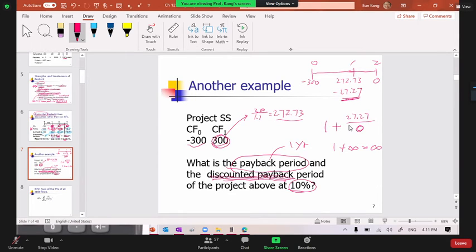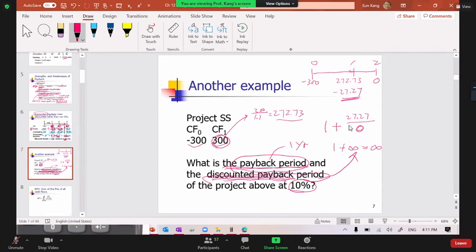So you reject the project, right? According to the payback period rule, there is no time value of money, so the project looks very good, 1 year, very short. But if you use the discounted payback period, what is it? Infinity. That means you cannot get your money back, ever.